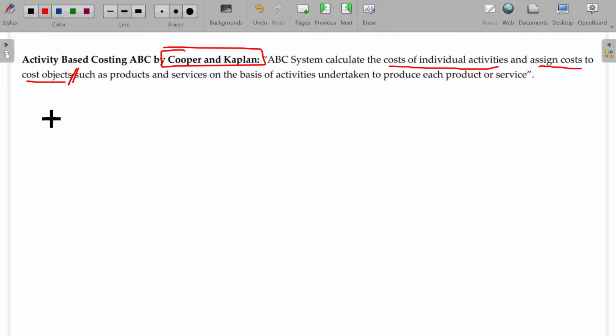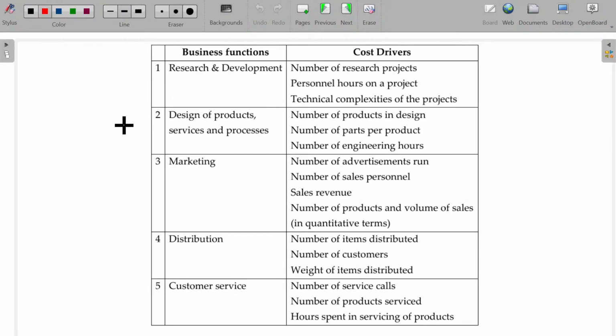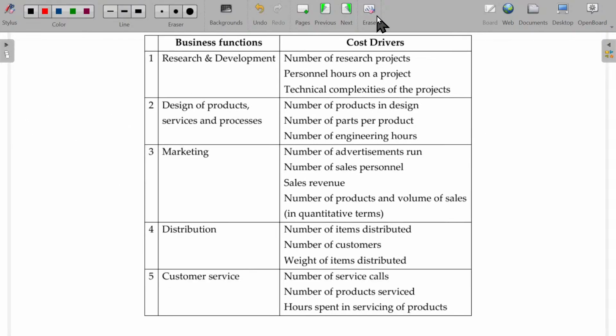Cost objects may be what? Products, services, even customers also. So stages are also there, and some of the costs related to the marketing, number of advertisements, number of sales personnel, sales revenue. These may be the cost drivers. You can very easily guess what are the activities and what could be the cost driver for those things.